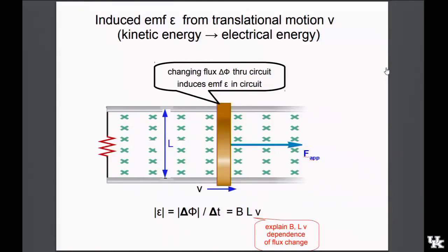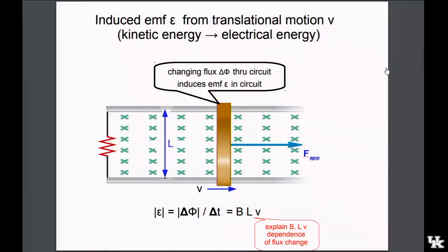As I move it, I'm changing the flux through the circuit, but over a smaller area. So I'd accumulate fewer field lines. If I make the rails much further apart and have a longer rod, as I move that rod up and down, then I collect more field lines for the larger length rod.